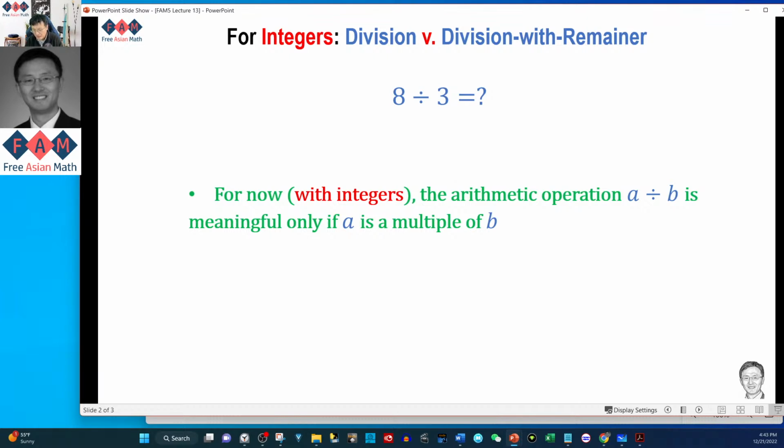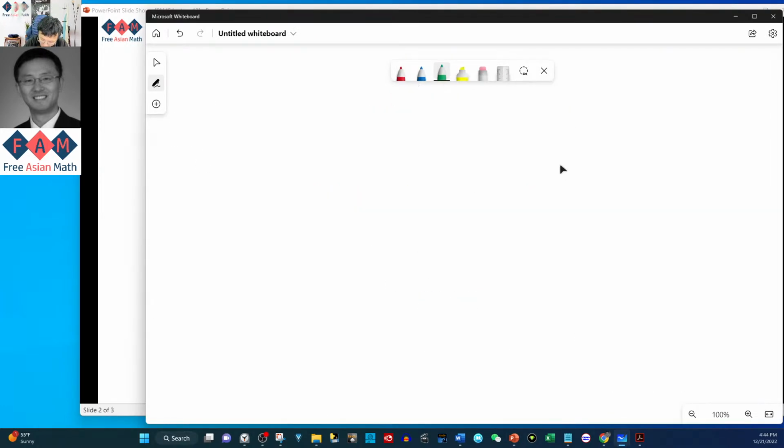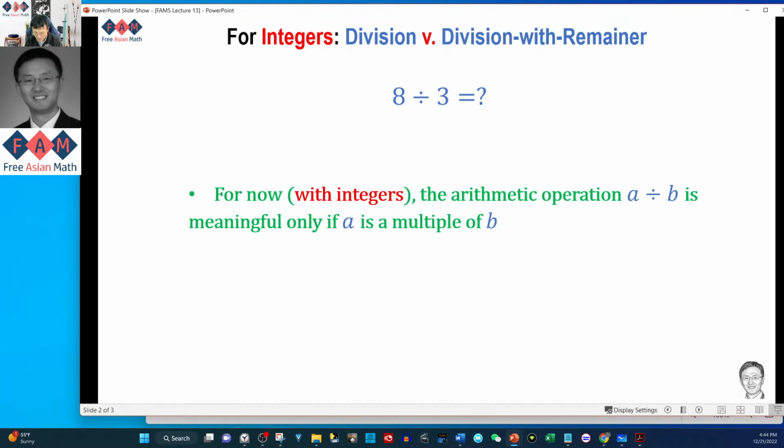before we actually define what a divided by b is, we have to put a constraint. So this arithmetic operation, a divided by b, by this we really mean this operation. Okay? We will put a constraint on this operation.